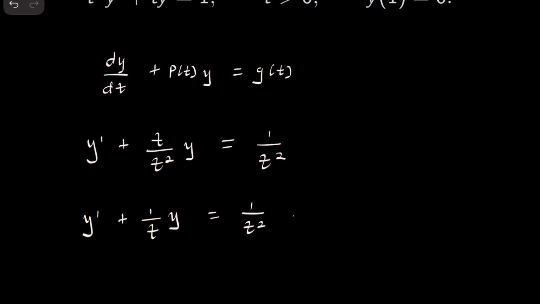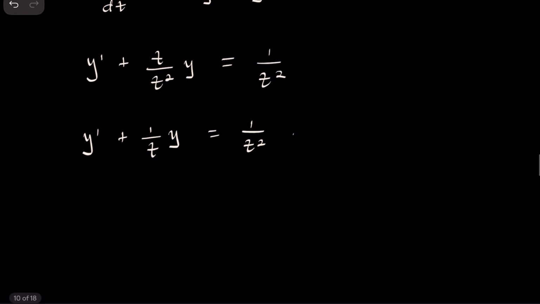And so here we have the coefficient of dy dt, which is y prime in this case, to be 1, and we are going to have our function p of t to be 1 on t and g of t to be 1 on t squared. So thus our function p of t is going to be 1 on t, and our function g of t, which is the right hand side, is going to be 1 on t squared.